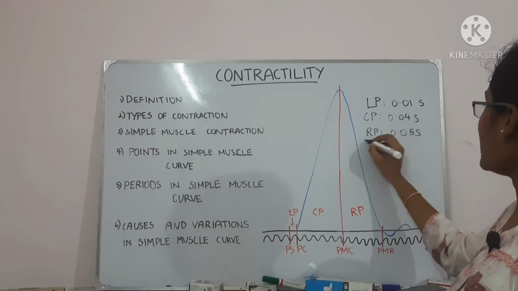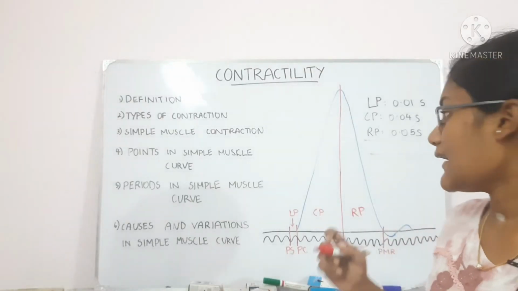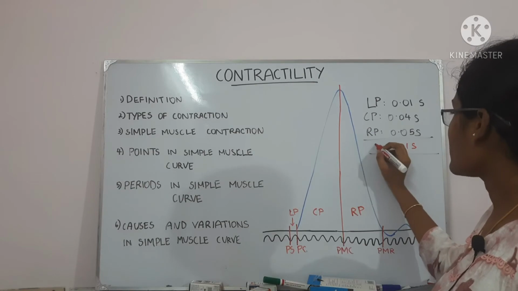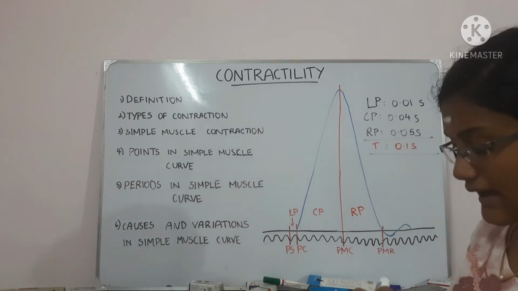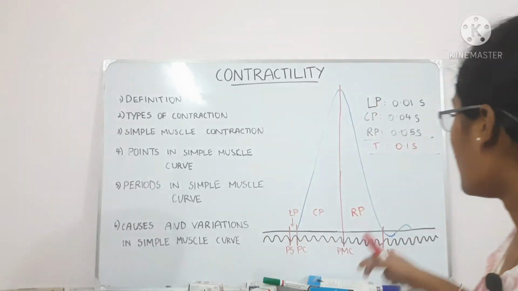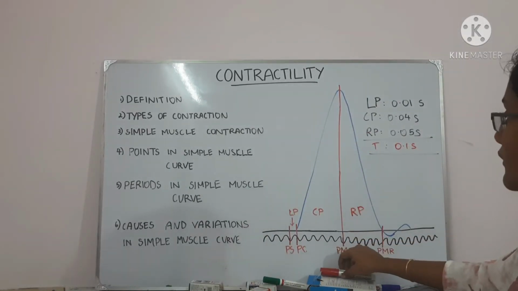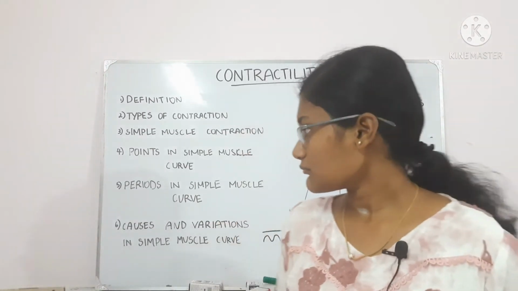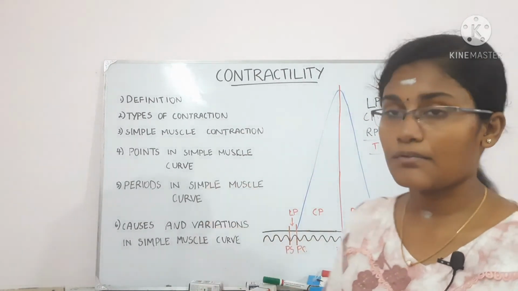Okay, so totally it takes about 0.1 second for a normal skeletal muscle to contract and relax. After a normal skeletal muscle receives a stimulus, it takes about 0.1 second for the muscle to contract and then relax. Okay, so that is about the periods in the simple muscle curve.